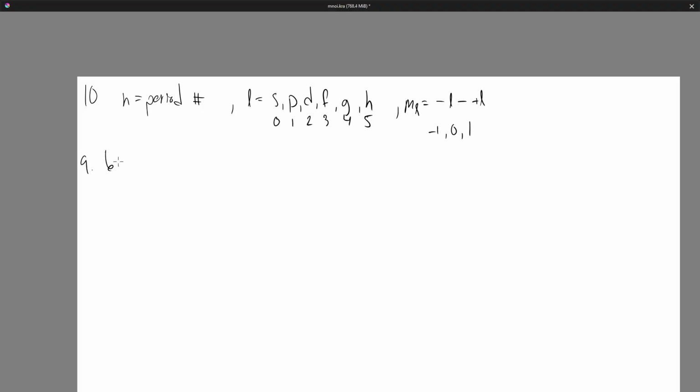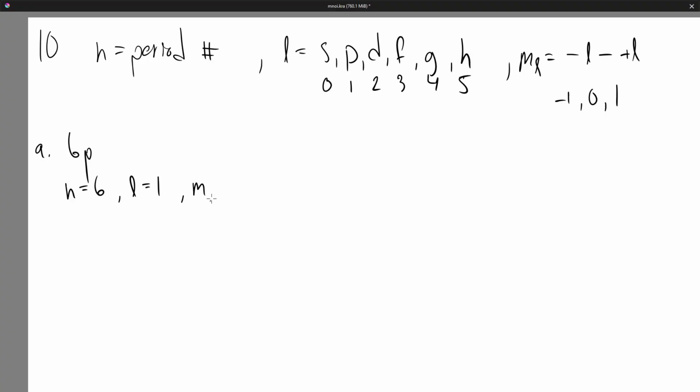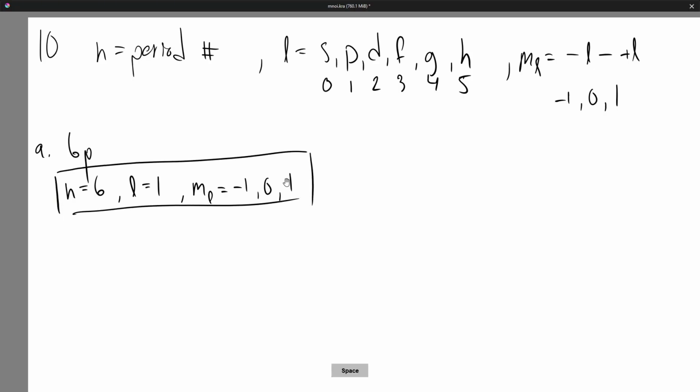A is 6P. Okay, so N is your period number, 6. L is your letter P, which is 1. So your ML is -1, 0, and +1. That's it. It's just that easy.